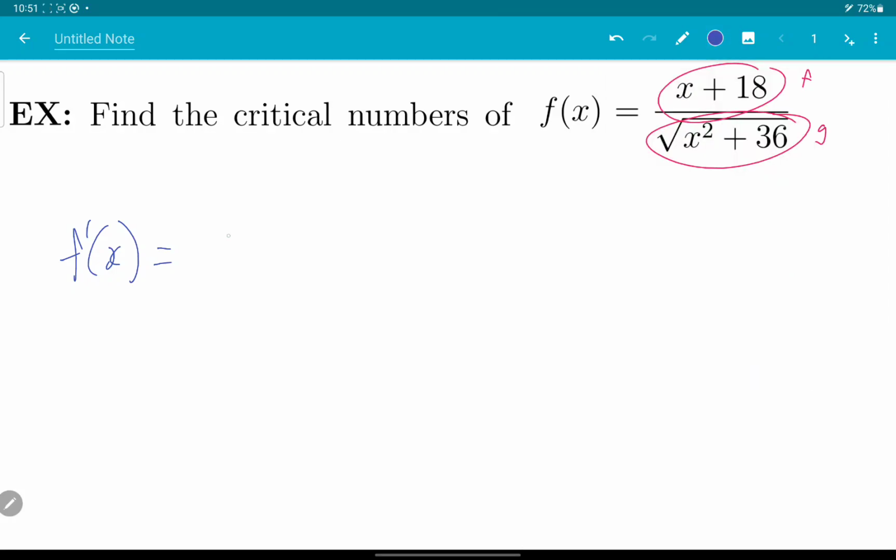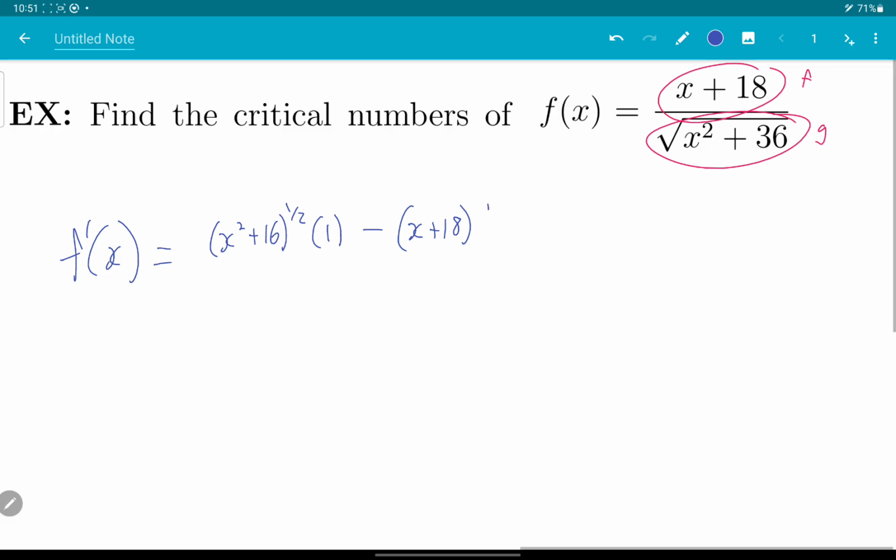So I got g f prime, which is just 1, minus f g prime.